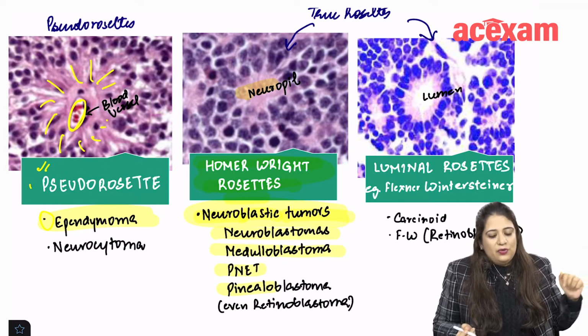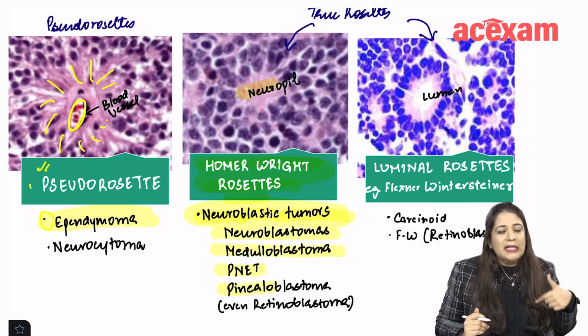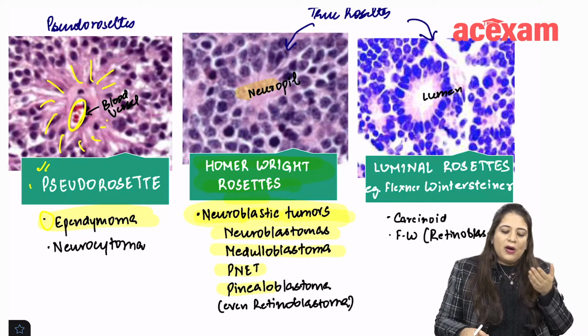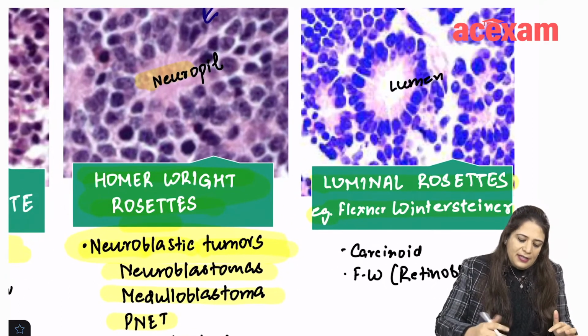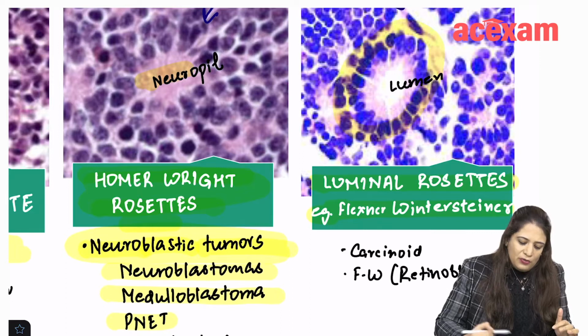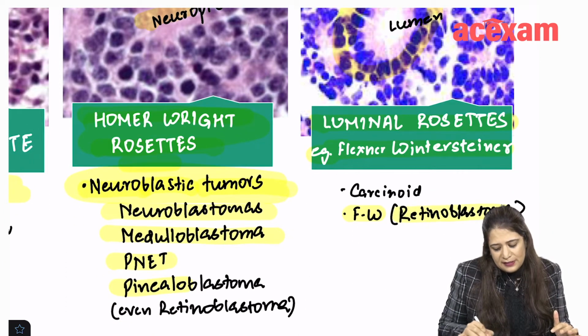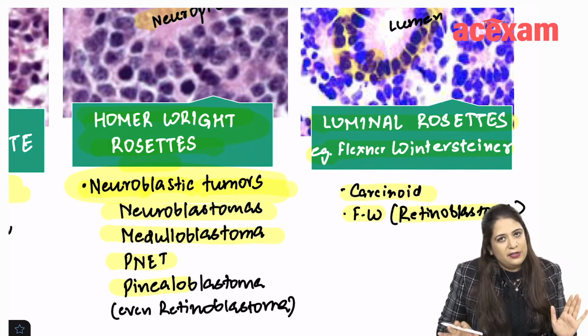Even retinoblastoma can show Homer Wright rosettes, and retinoblastoma can show Flexner-Wintersteiner rosettes as well. What are Flexner-Wintersteiner rosettes? They are luminal rosettes, in which in the center there is a lumen, surrounded by tumor cells. So Flexner-Wintersteiner rosettes are seen in retinoblastoma, and these kinds of rosettes can also be seen in carcinoids.